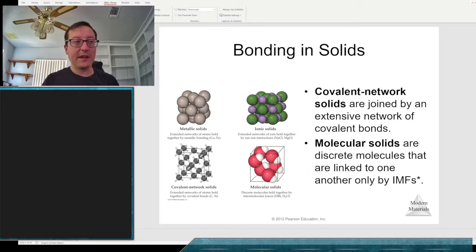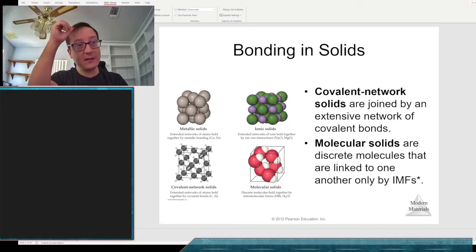So these are just networks, very, very huge chains of these compounds. And then the last category we have are molecular solids, which are made of covalent molecules held together by intermolecular forces. Those can be hydrogen bonds, dipole interactions, or dispersion forces. So all of those will work there.